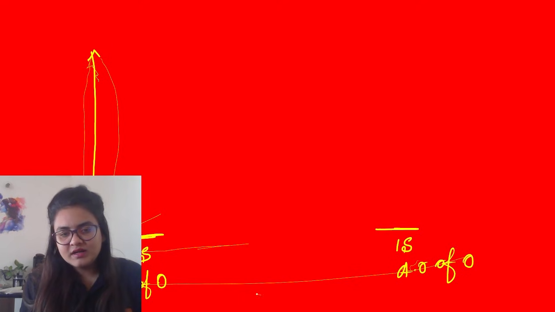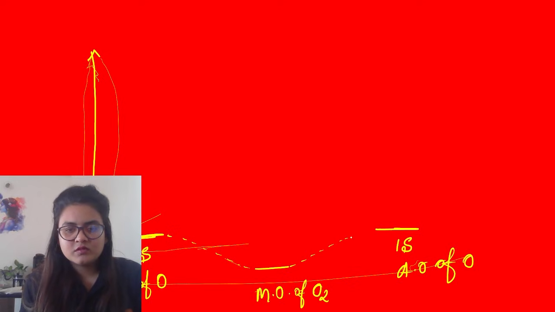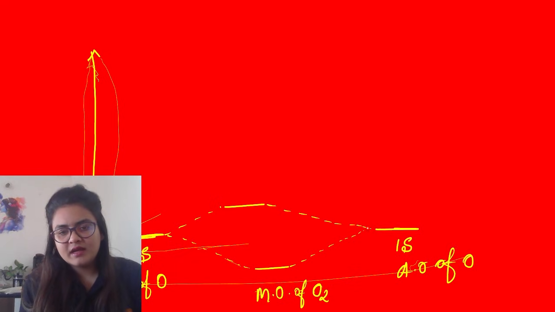In the middle we will draw the molecular orbital of O2. So 1s and 1s will combine to give you one bonding and one anti-bonding. This is my sigma 1s bonding, and this is my sigma star 1s anti-bonding, right?